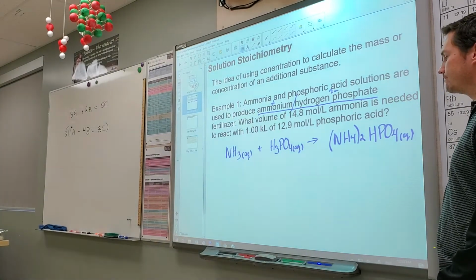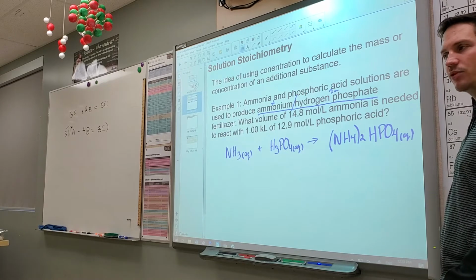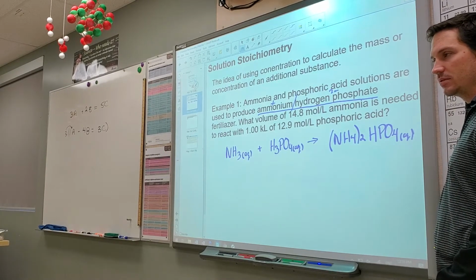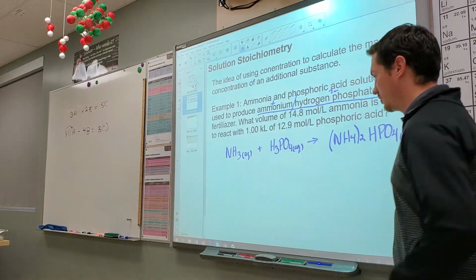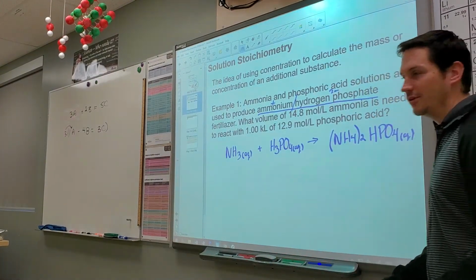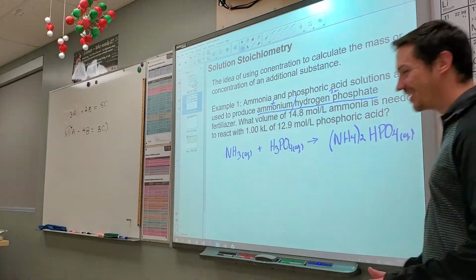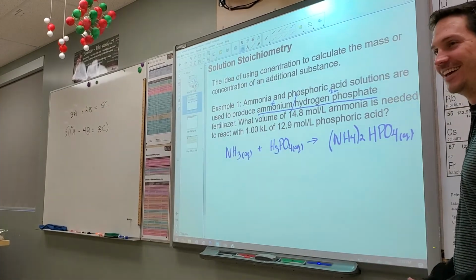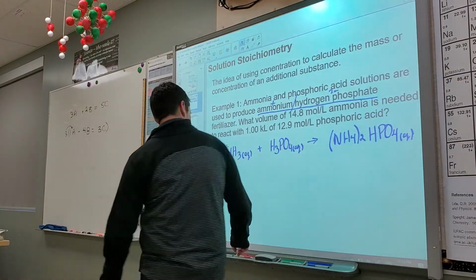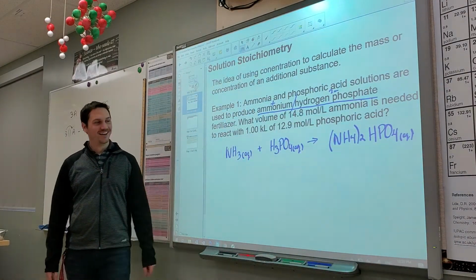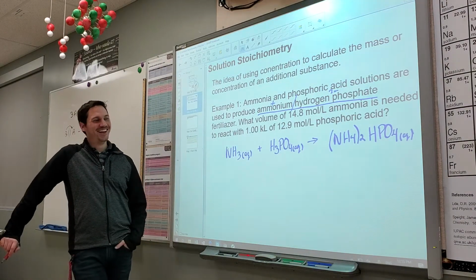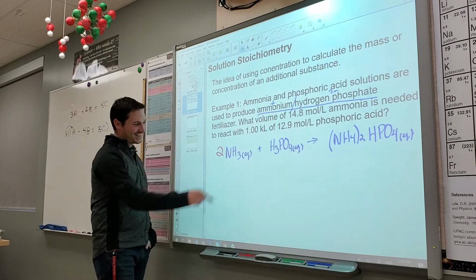Okay. Is this a balanced chemical reaction? No. How do we balance it? Put a 3 up front. 3 hydrogens, let's separate hydrogen. 9 hydrogens on the right side. Put a 2 there.